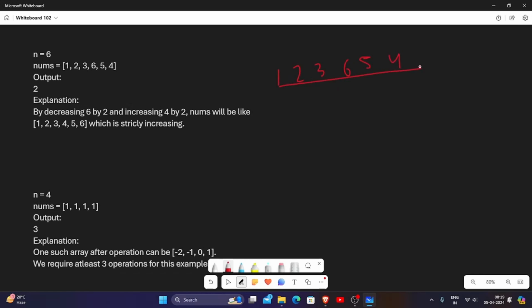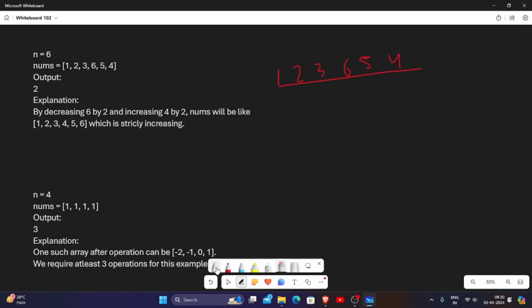And I'm saying subsequence. A subsequence can be any number of elements until it follows the same order. That means I can take 1 with 5, or 1 and 3, or I can take 1, 2, and then 4. What is the maximum subsequence I can get which is also increasing?